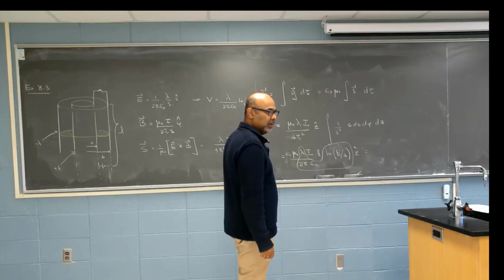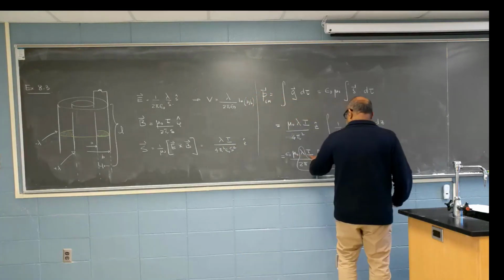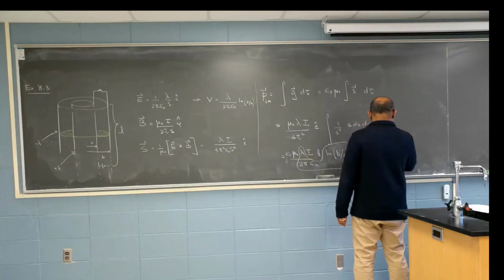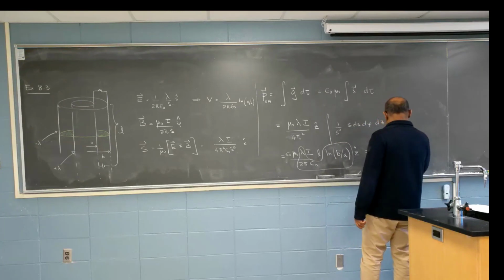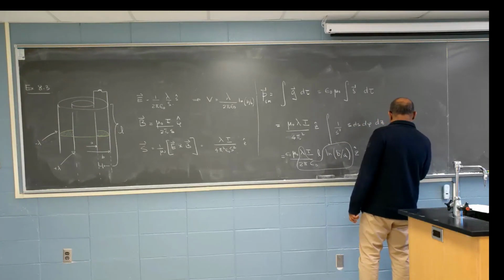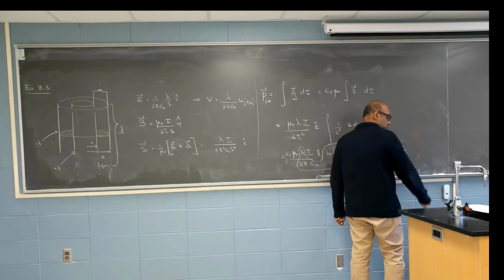That is the potential, right? So that is V I L over C squared Z hat.